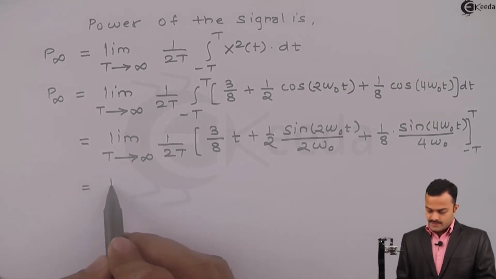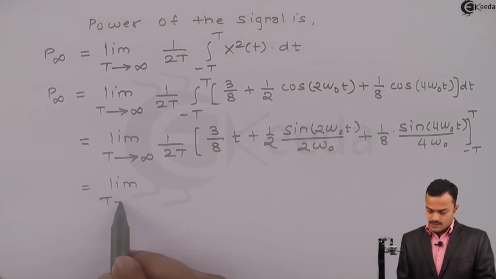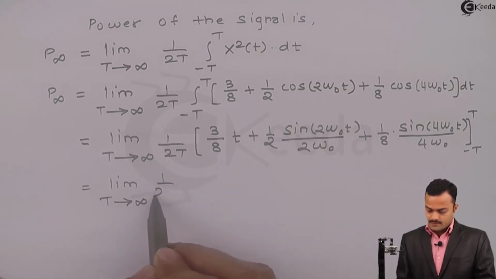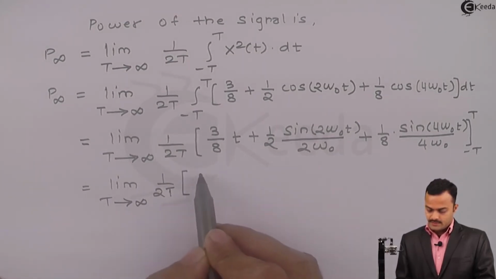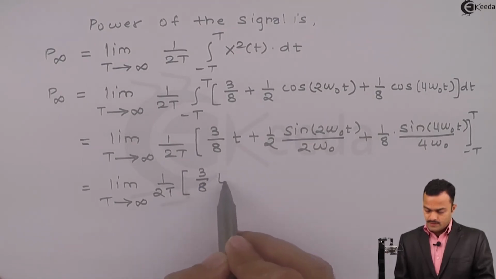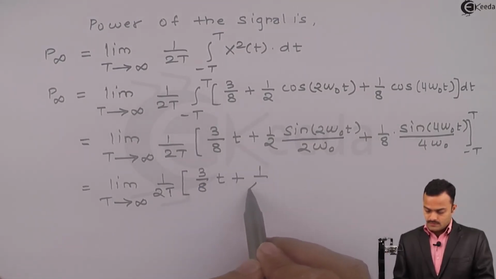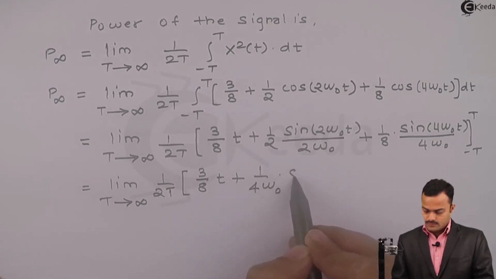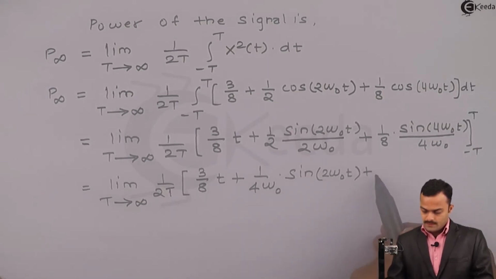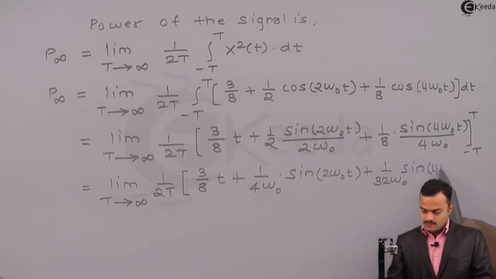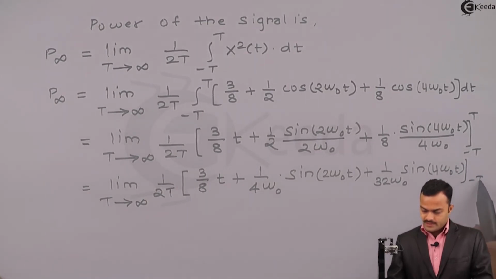So further simplifying, the terms inside the bracket are 3 by 8 into t plus 1 by 4 omega 0 sine 2 omega 0 t plus 1 by 32 omega 0 sine 4 omega 0 t. Limits are from minus t to t.